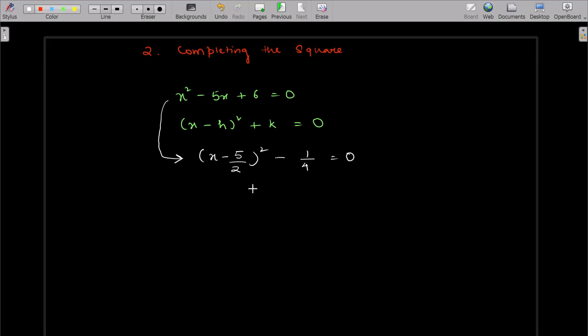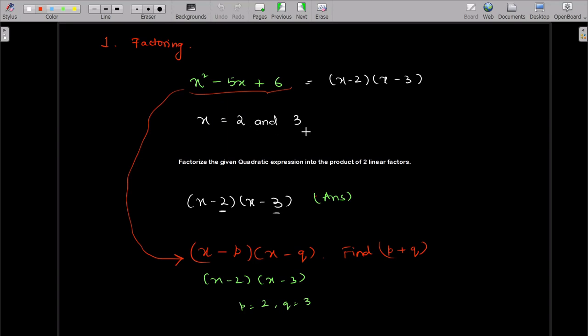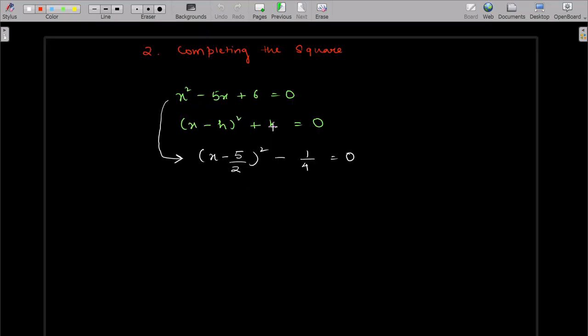Now, how can questions be asked from this method? They can ask you to find the vertex of the parabola. One more thing, you should also know how to get the solution using the completing the square method. Like the two solutions that we got, 2 and 3, we should get the same solutions by this method as well.